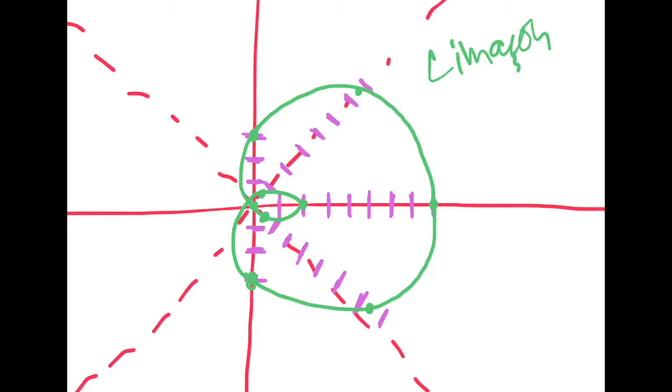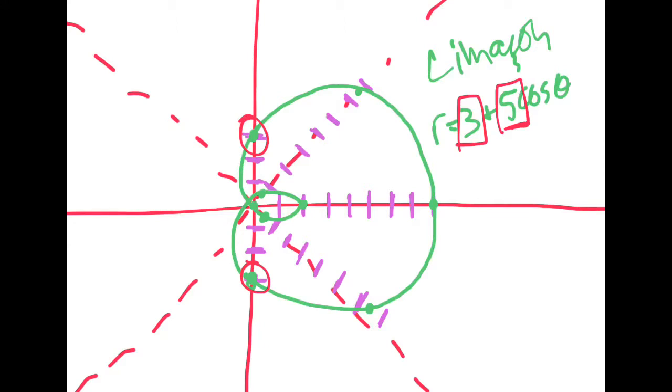And let's remember what this equation was. This equation was r equals 3 plus 5 cosine theta. And I want to point a couple important things out to you. Look at this 3 right here, and look at that 3 and that 3. And look at this 5 right here, and look at 3 plus 5 giving us that 8.